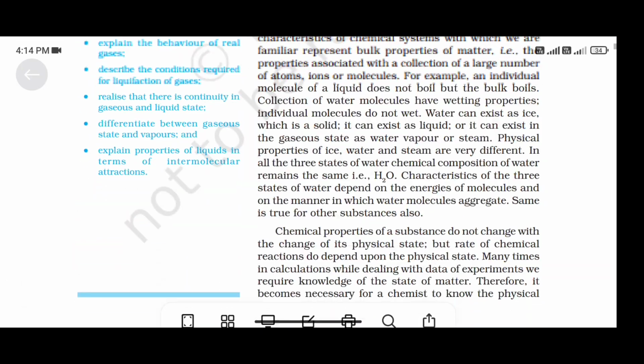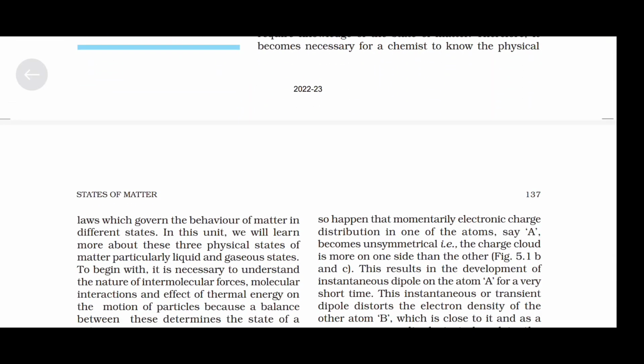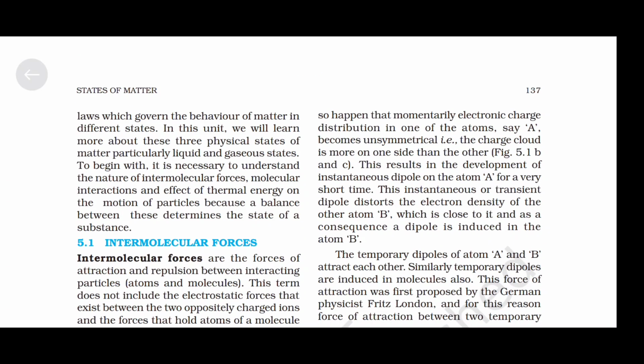It may so happen that the momentary electronic charge distribution in one of the atoms, say A, becomes unsymmetrical. That is, the charge cloud is more on one side than the other, as shown in figure 5.1 B and C. This results in the development of an instantaneous dipole on the atom A for a very short time.